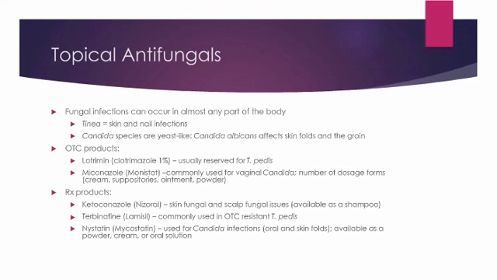Lotrimin or clotrimazole 1% is usually reserved for tinea pedis, or athlete's foot, if you will. Miconazole or Monistat is available over the counter, and that's commonly used for vaginal candidiasis or yeast infections. The over-the-counter products are available in a variety of dosage forms, such as creams, suppositories, ointments, and powders.